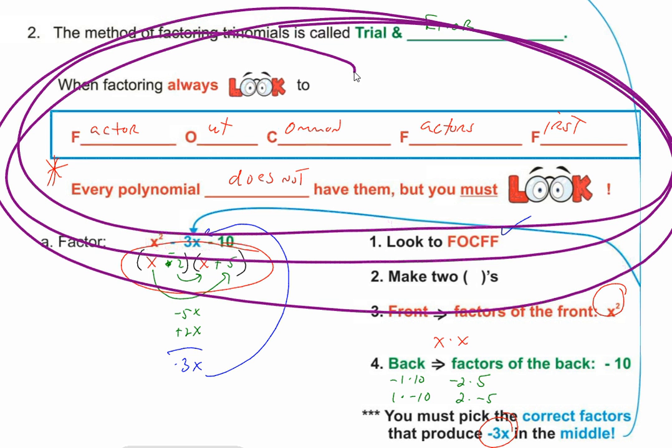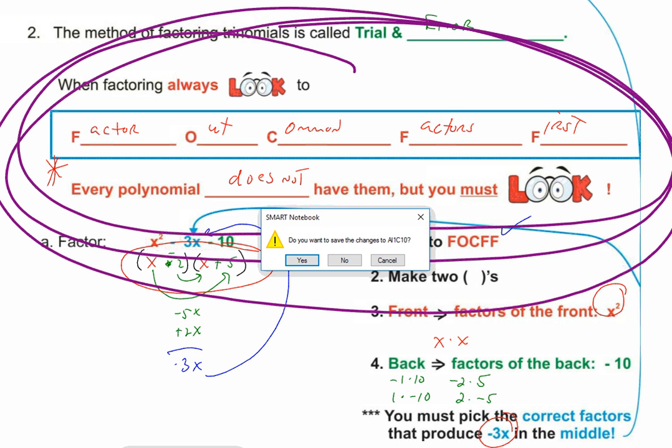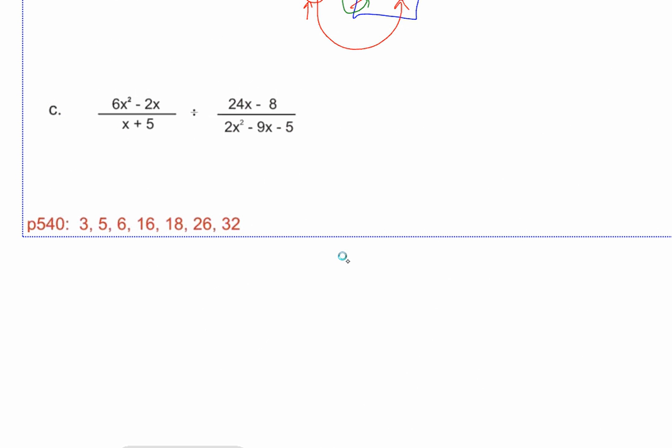And I said to you, every polynomial doesn't have them, but you must look. And I've said it every single time since, and yet, for some reason, you guys can't get there. So you got to do something to get there. And I'm hoping that me showing that to you again gets you there.